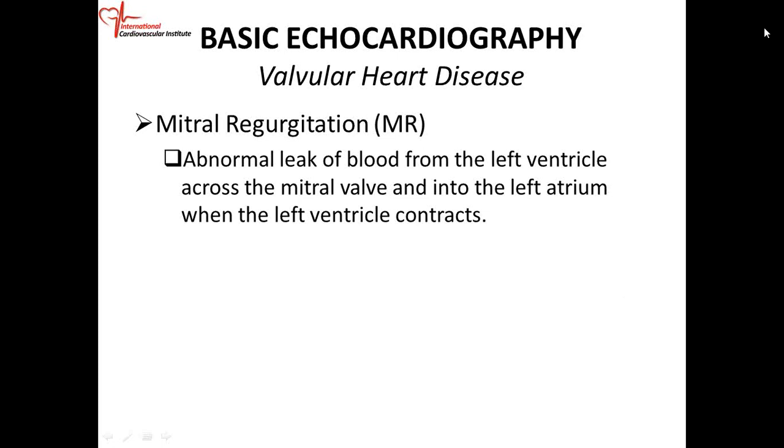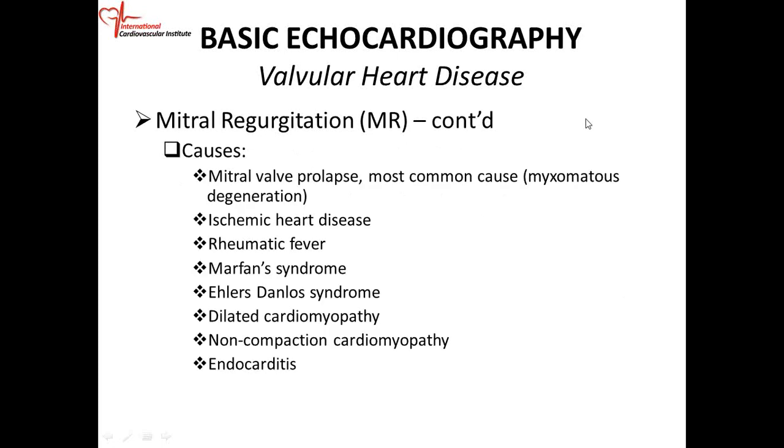Mitral regurgitation has multiple causes. As mentioned before, it could be due to stretching of the mitral annulus, or it could be secondary to incompetence of the valve itself. The valve may be destroyed. So in the United States, mitral valve prolapse is one of the most common causes of mitral regurgitation.